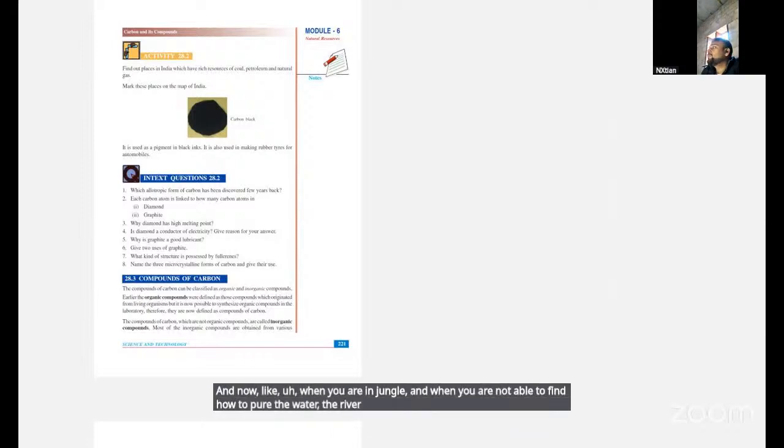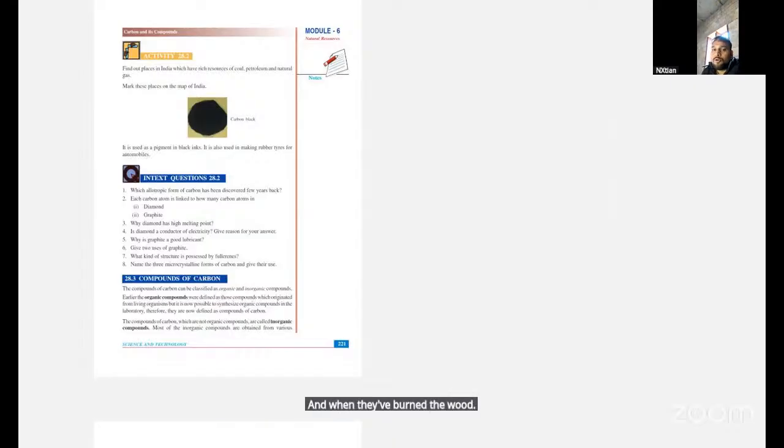When you are in a jungle and not able to find how to purify the river water, they burn the wood, and when they burn the wood, they get charcoal out of it. That they use for purification because it removes the germs and everything.